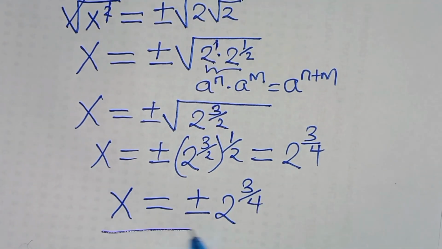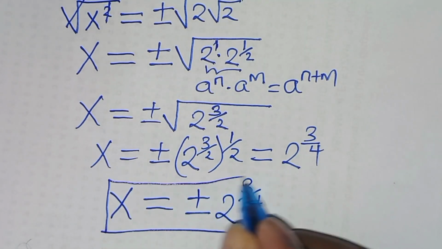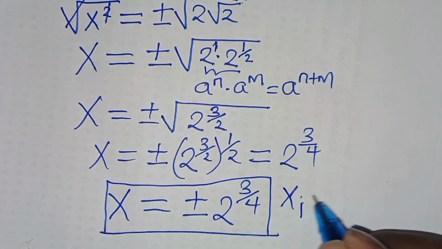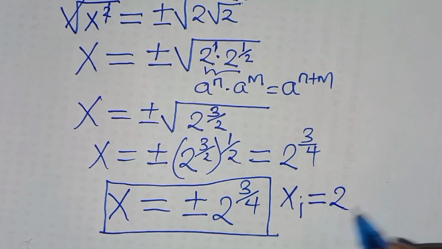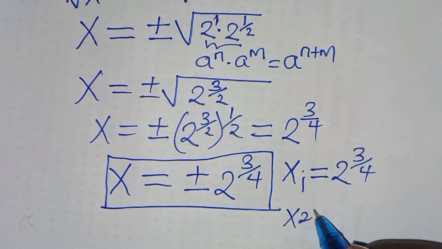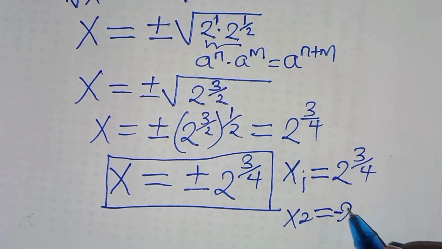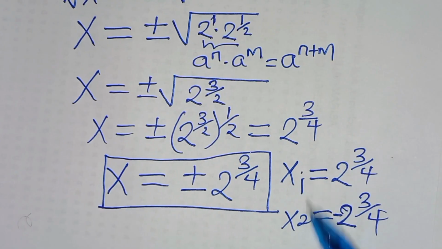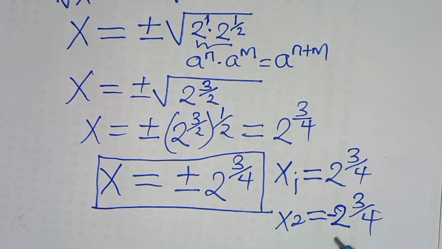This is the first set of solutions that we have here. That implies that x1 is equal to 2 raised to the power 3 over 4, and x2 is equal to negative 2 raised to the power 3 over 4. These are the first values of x1 and x2.